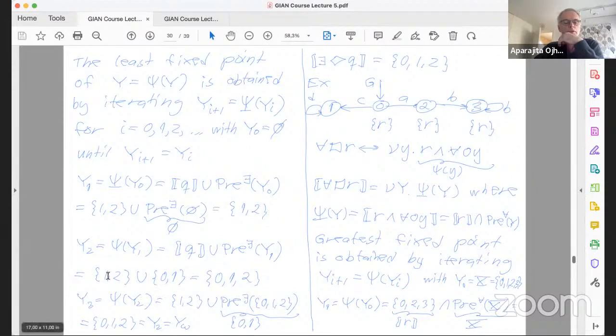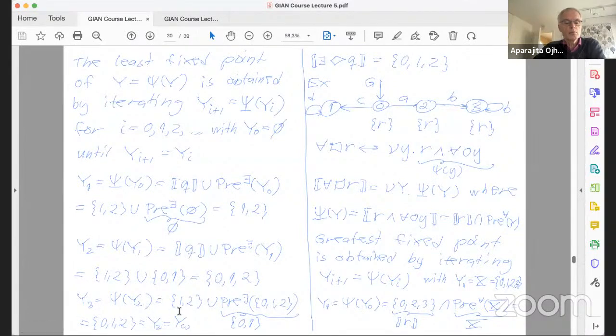And then I get, once again, state where q is true, 1, 2, union with pre of 0, 1, 2. And that is still 0, 1, as it was before. Because from 0, there is no pre. So that does not add anything. So you take the union and you get the same as y2.